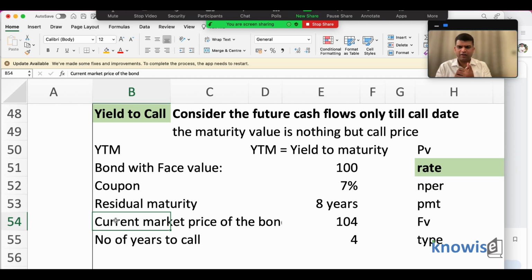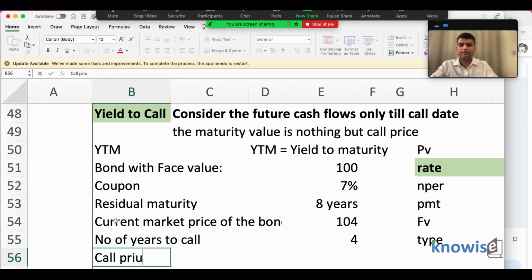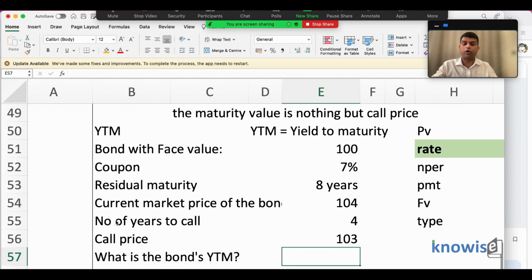The bond is traded at 104. The number of years to call is 4, and the call price is, let's say, 103. Call price is 103, current market price is 104, number of years to call is 4 years. Then what is the yield to call?